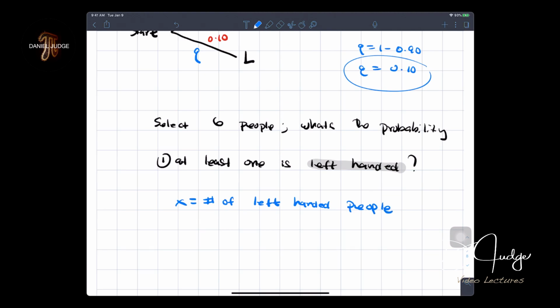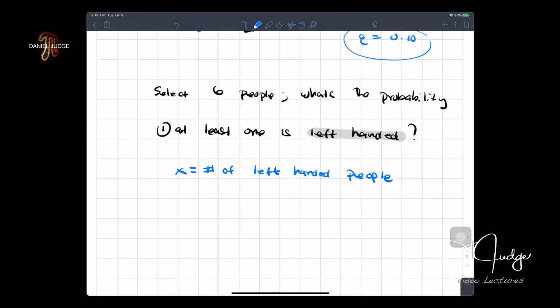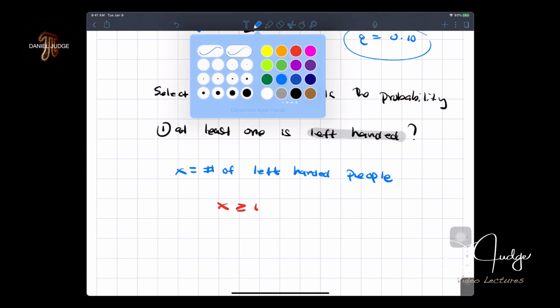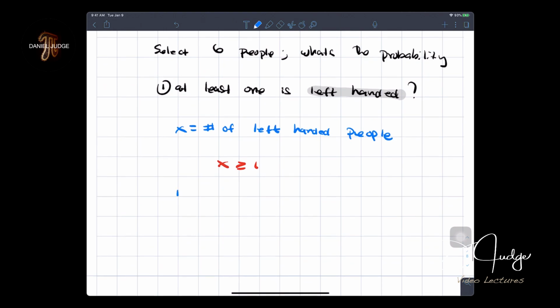So when they say at least 1, that means that x has to be greater than or equal to 1. So they're asking me this question here. It's a probability. X is greater than or equal to 1.